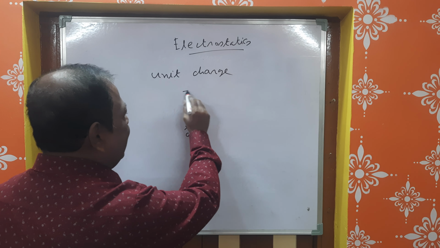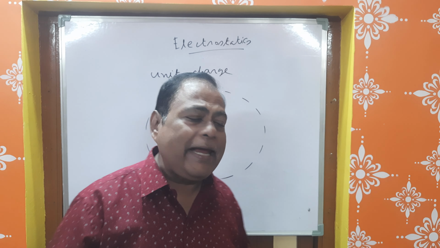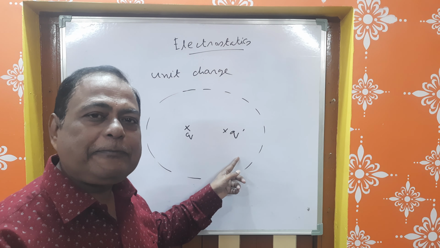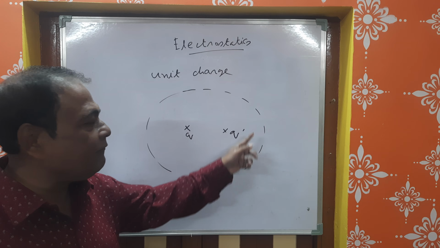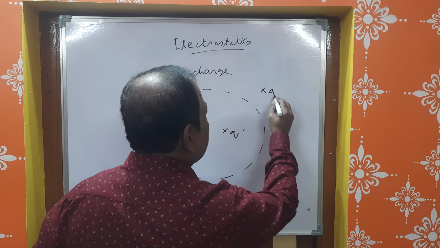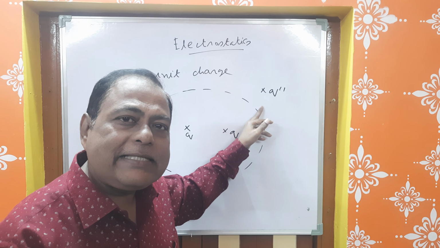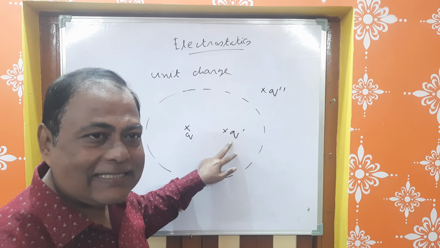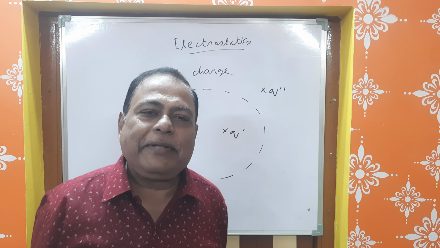I can consider a surrounding zone where, if I put any other charge, suppose Q dashed, then this charge will experience a force due to the charge Q. Then we consider this the electric field zone of the charge Q. If I keep another charge, suppose Q double dashed, outside this zone, it will not experience any force due to the charge Q. That is, this charge is outside the field of Q, but the other charge is within the field. I think that is clear?